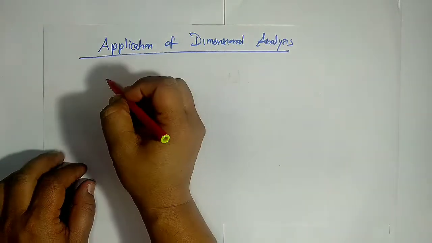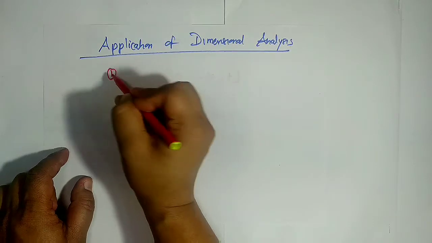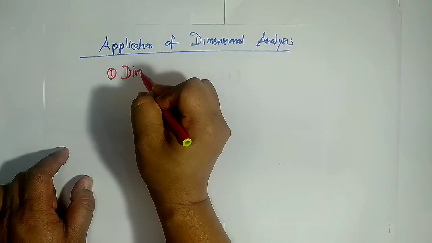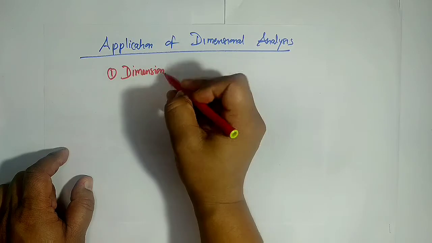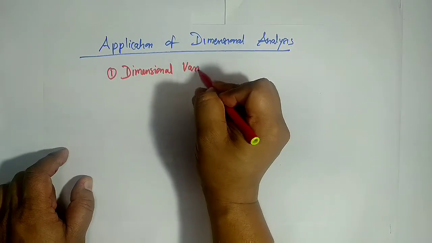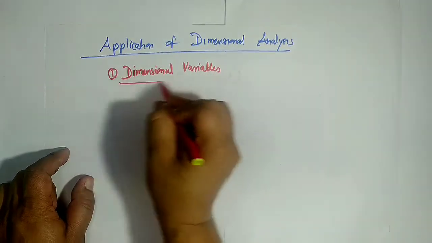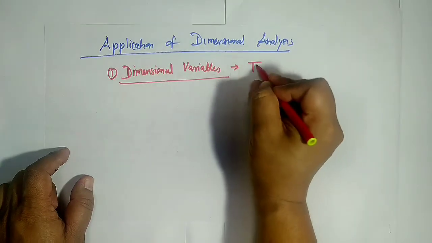First of all, I will tell you something related with the dimension. There are some quantities which are dimensional variables. So what does it mean by dimensional variable?